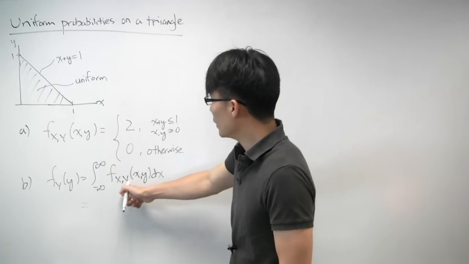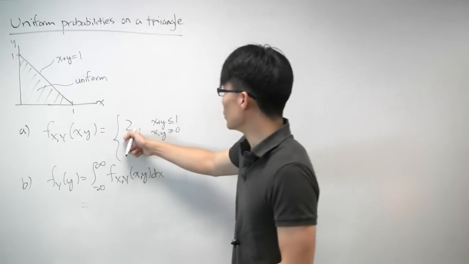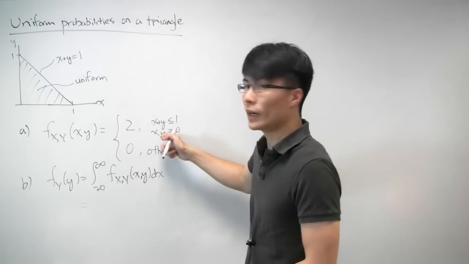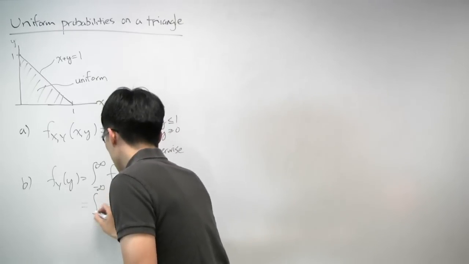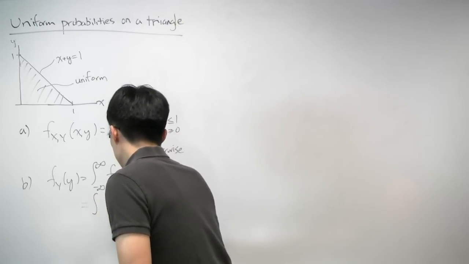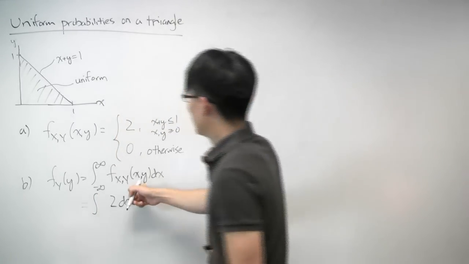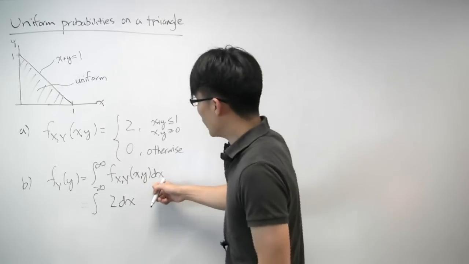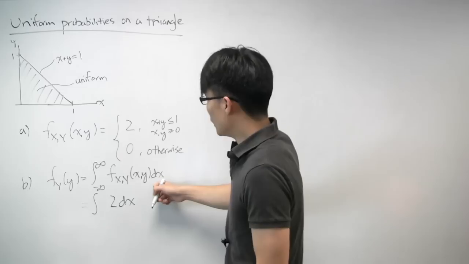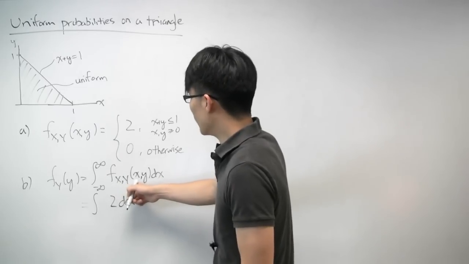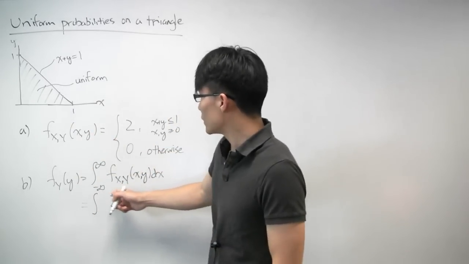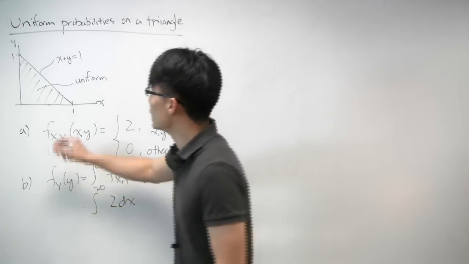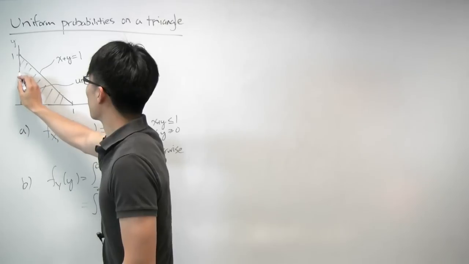We know that the joint PDF is 2, and it's non-zero only within this triangle. Depending on what X and Y are, this will be either 2 or 0. So let's just fix some value of Y. Pretend that we pick some value of Y, let's say here.